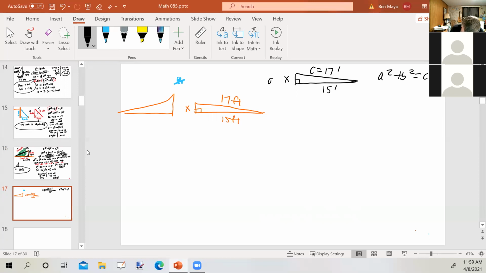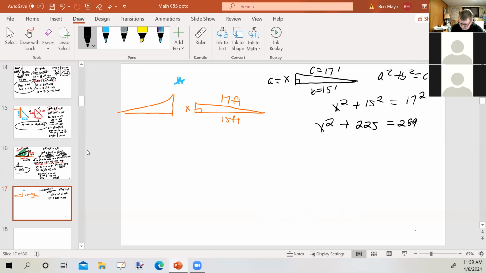The other two will say this is a and this is b. Okay? So a squared becomes x squared plus b squared is 15 squared equals c squared, which is 17 squared. So then we get x squared plus 15 squared, I believe, is 225. And I think 17 squared is 289. Let's see, 17 squared, yeah, 289.